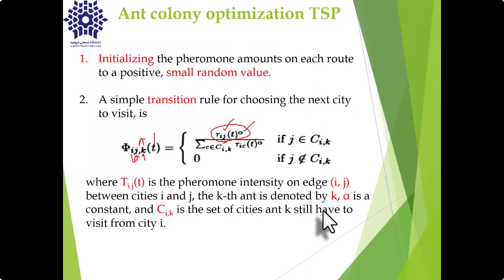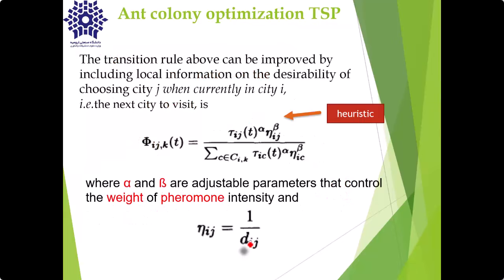So in ant colony optimization, when ant number k wants to travel from city I to city J, it tries to select an edge with the highest amount of pheromone.